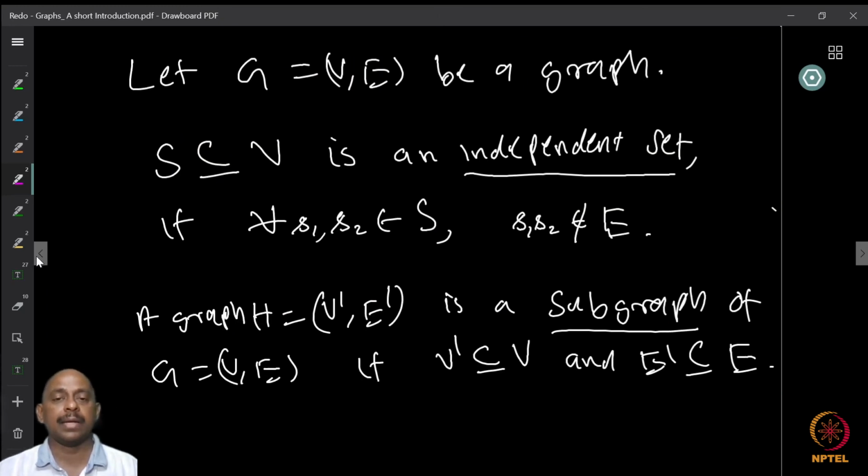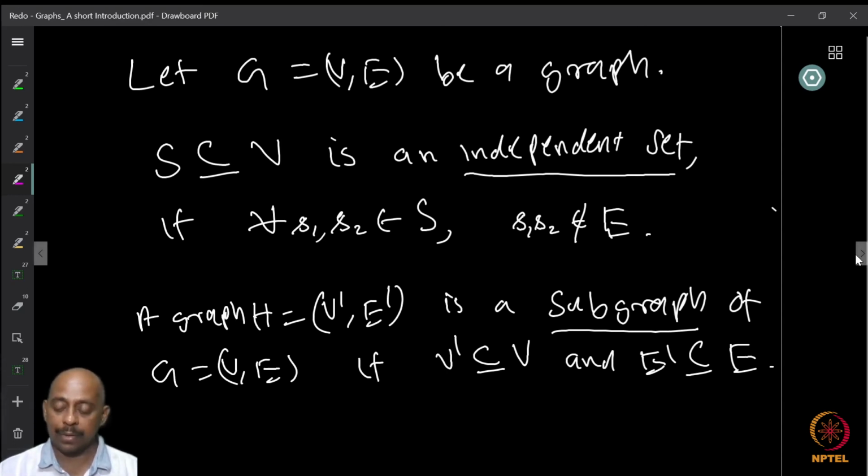A graph H equal to V dash, E dash is a subgraph of G if V dash is a subset of V and E dash is a subset of E. Now, what is the definition of a graph? We said that a graph has a set V as the set of vertices and a set E of two element subsets of the set V. Then we say it's a graph.